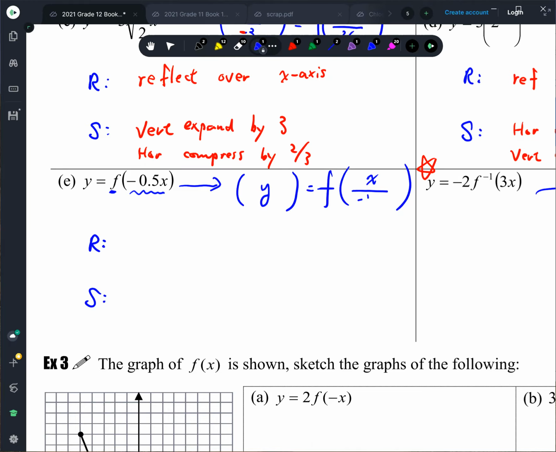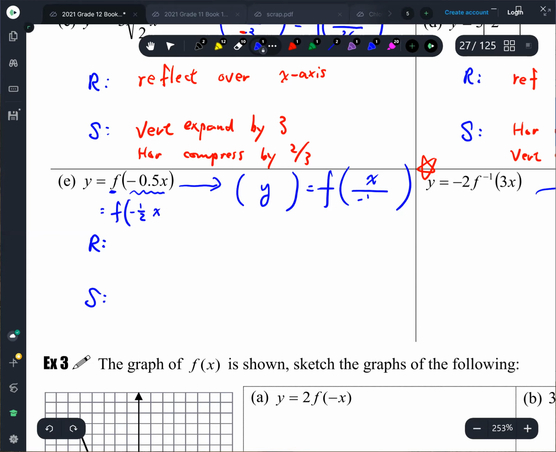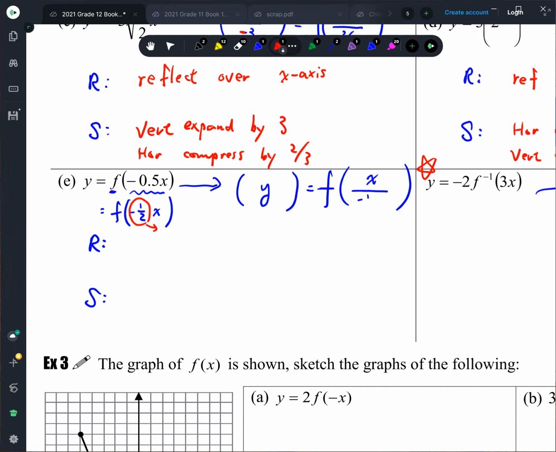Because a negative 0.5 is just negative 1/2. So first of all, you rewrite it as negative 1/2 x. And then you want to move that number under. If you move the negative 1/2 to the bottom, what will happen?